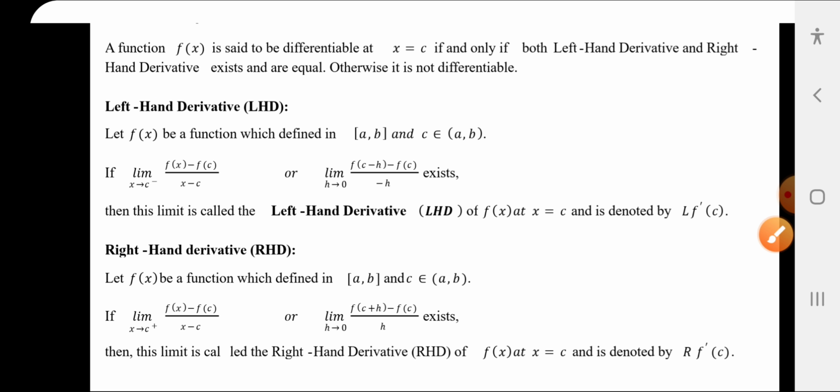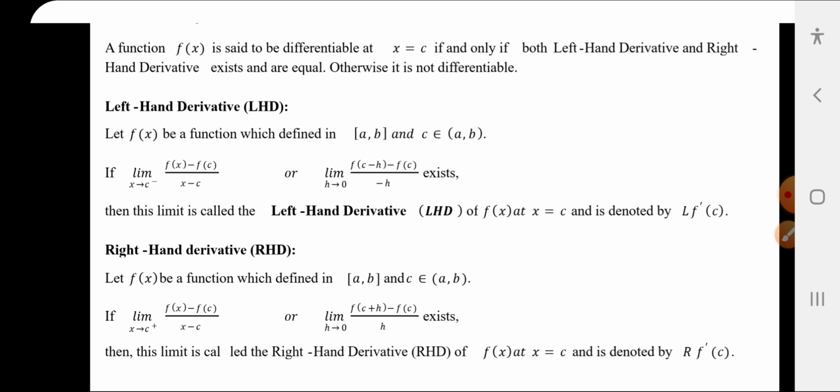So if both exist and are equal, then we call the function differentiable at x equal to c. If both derivatives exist but are not equal, then the function is called not differentiable at x equal to c. Suppose the left hand derivative is 5 and the right hand derivative is 10, both exist but not equal, then the function is not differentiable.